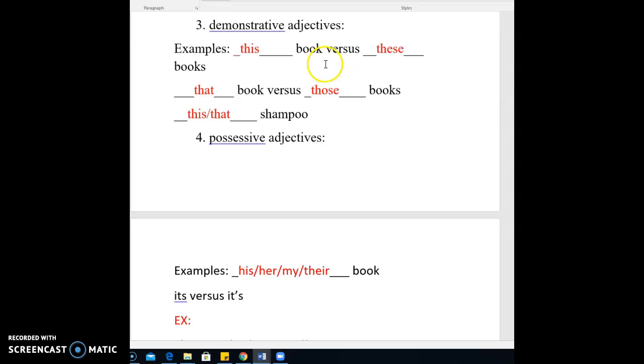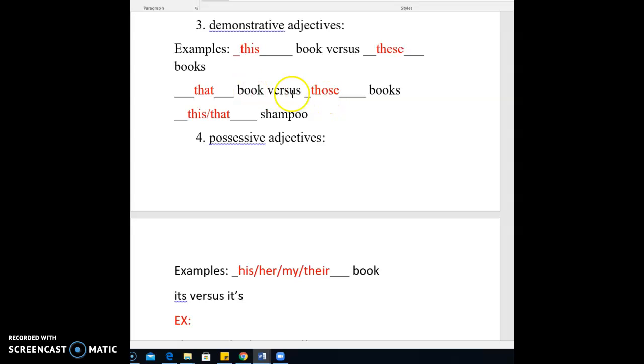And this and these, they are close to me. I might be pointing to something right next to me or holding up a book or showing you books in my hands. Okay, so then that book versus those books, this just is the same for singular and plural countable nouns, but that is far away and those are far away.